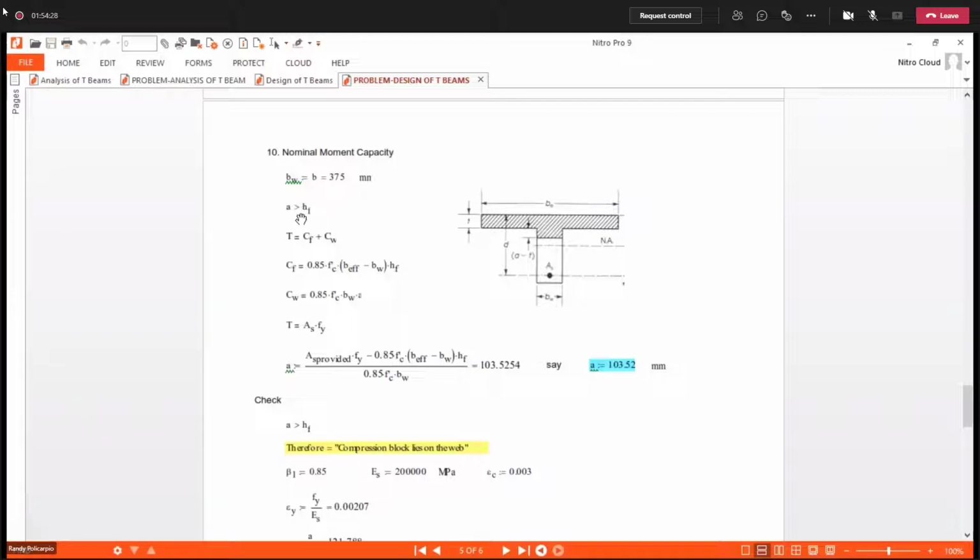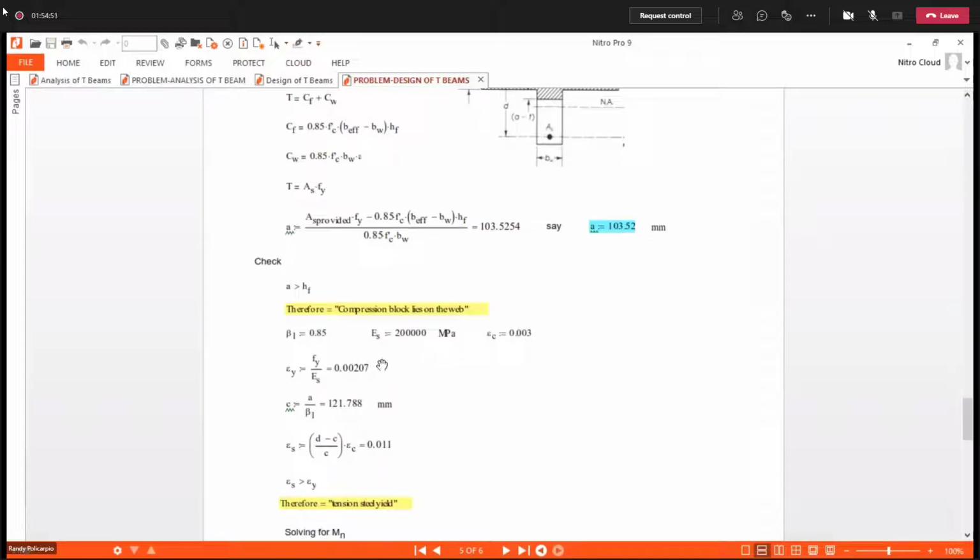Our BW will be B. So we will have CF plus CW equal to T if A is greater than HF. Solving for A is 103.52 and it is greater than HF. So we satisfy our assumption. Our compression block lies on the web.